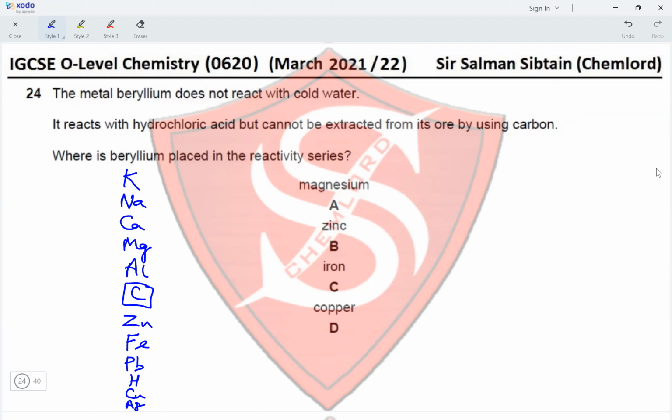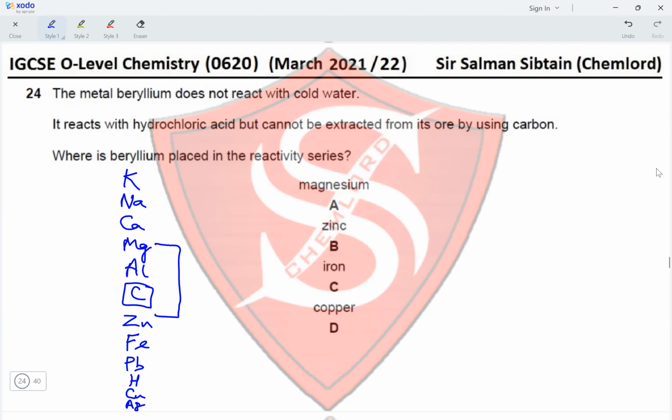So the position of beryllium would be above zinc, because that is where carbon is placed in the reactivity series, and because carbon cannot be used to extract it from its ore, so it has to be more reactive than carbon. So in the given portion of the reactivity series, this is the given portion.